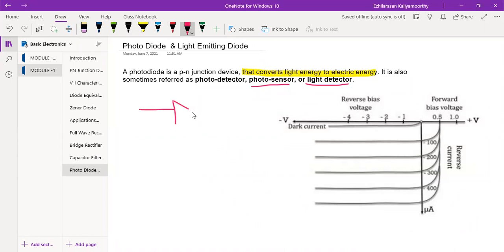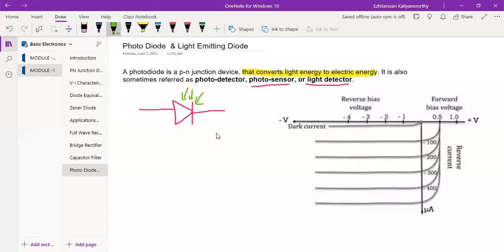So it's like a normal PN junction diode only, but what will be the difference? The first difference is, in this symbol, there will be an additional arrow: the light will fall on this diode. The second is about the biasing. The normal PN junction diode will work only in the forward bias.